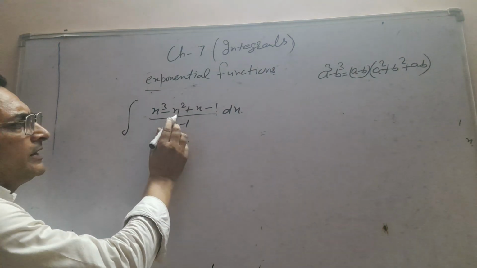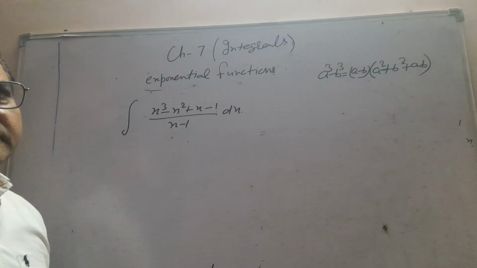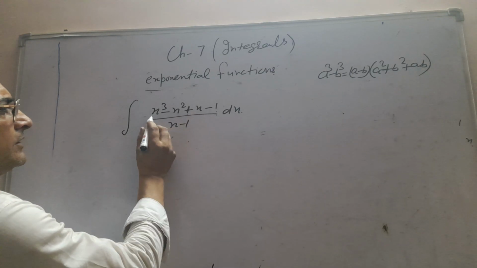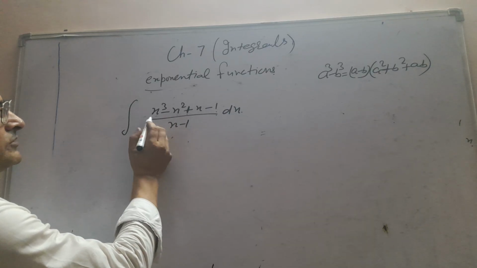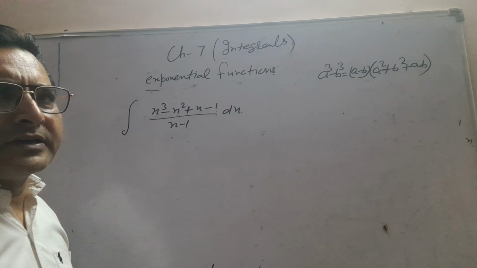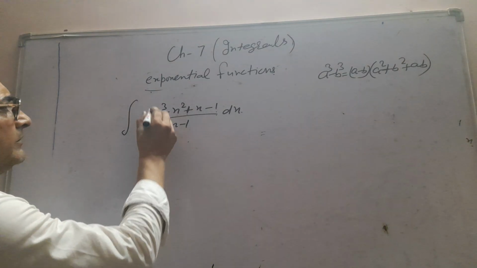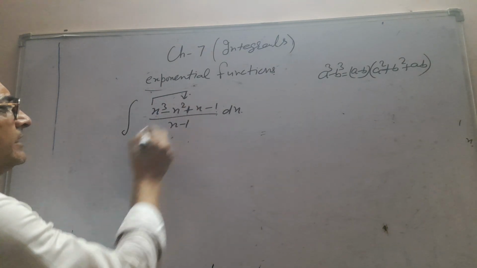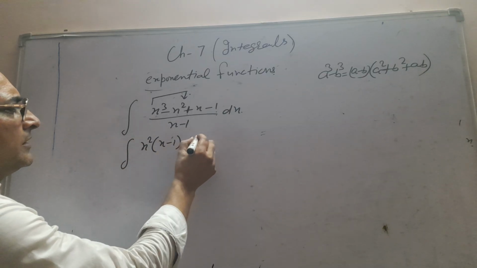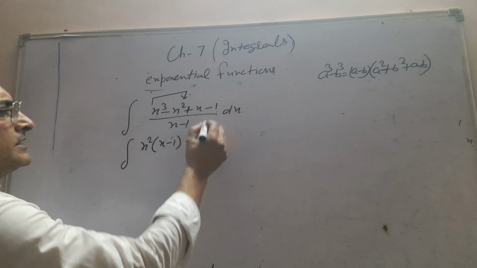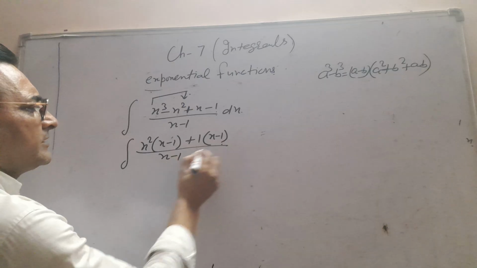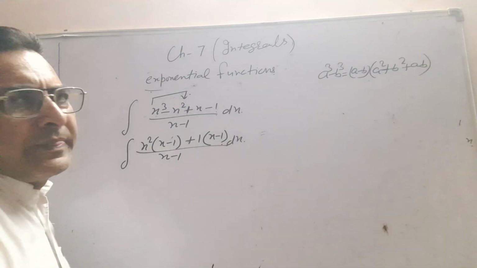We will make pairs. Taking x square common from the first two terms, I will get x minus 1, plus 1 I will write as it is, and in the next bracket I am writing x minus 1, upon x minus 1 into dx.